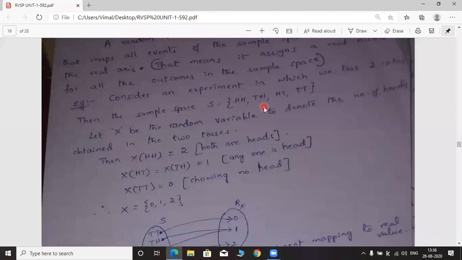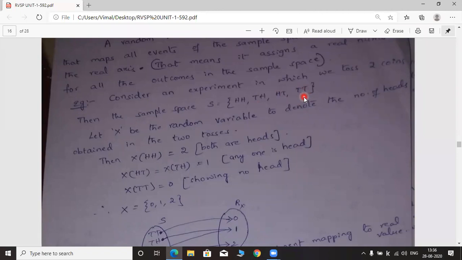What is the next possible outcome? Tail may appear on the first coin and head may appear on the second coin. That is the second possible outcome. What is the third possible outcome? Head may appear on the first coin and tail on the second coin. That is the third possible outcome. What is the fourth possible outcome here?